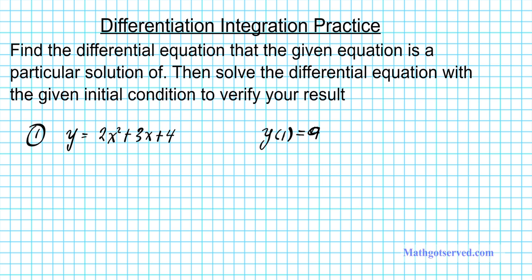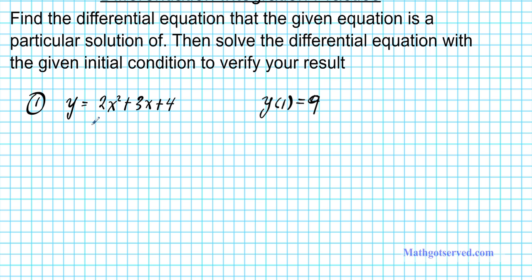Okay, y of 1 equals 9. All right, so let's go ahead and do the first part of the problem, which is to find the differential equation that this equation is a particular solution of. So what on earth does it mean for us to generate the differential equation? What we are going to do is simply differentiate this function, and that will give us a differential equation that this is a particular solution of, okay?